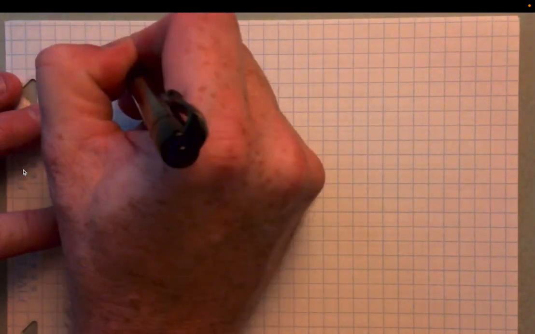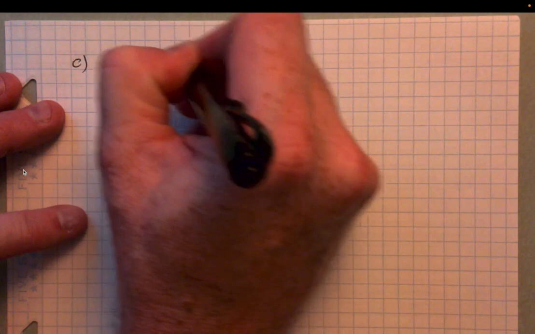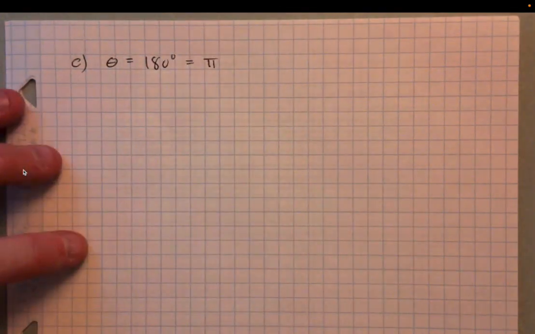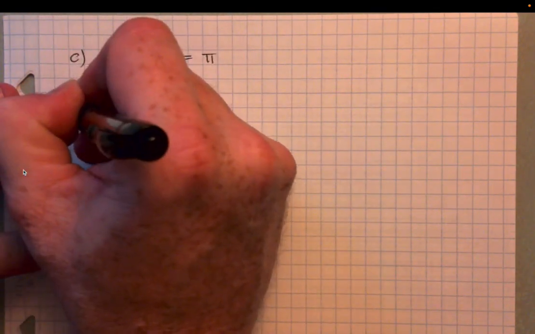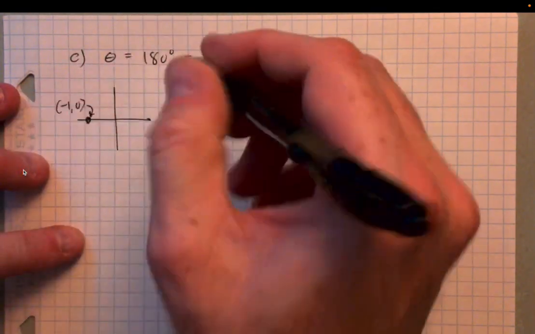Okay, what about C and D? So for C we're looking for theta equals 180 degrees, which is pi radians. And so the point to choose there would be, of course, (-1, 0). Right?